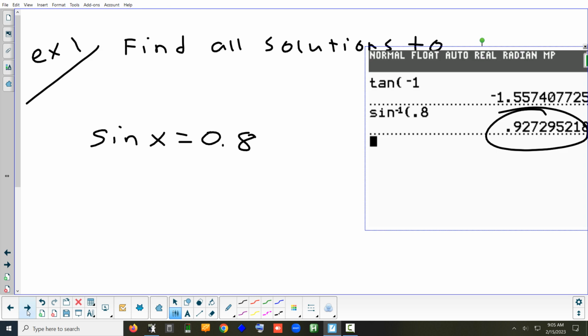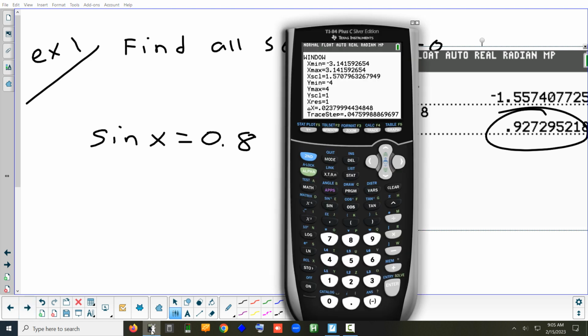What's the period of the sine function? Yeah, 2 pi. So what's the easiest way that I can set a window on my calculator that's 2 pi units wide? Technically, the window I have up there right now is 2 pi units wide, so I could use it, but I don't want to. Yep. 0 to 2 pi. Let's go 0 to 2 pi.